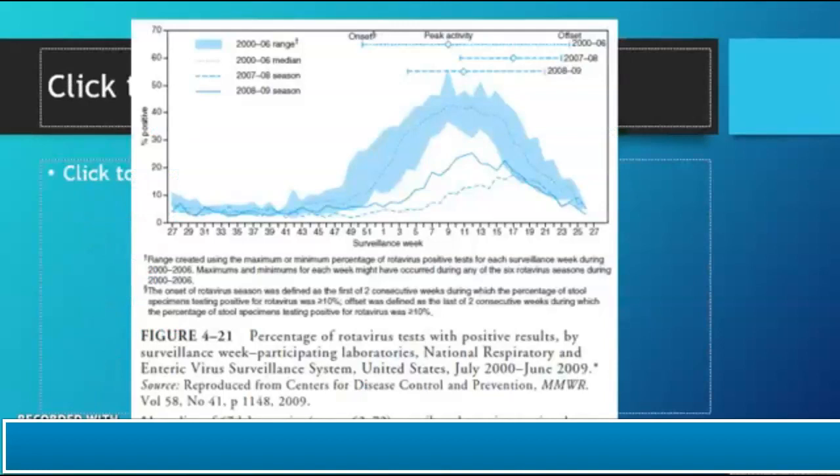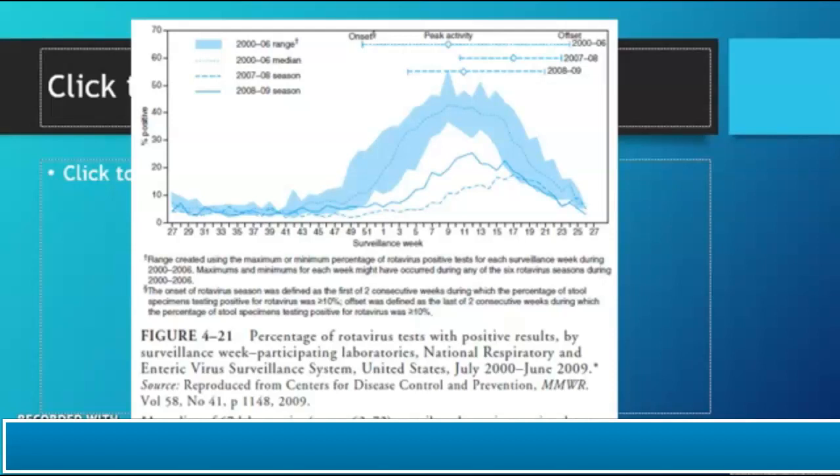So this is another graph that shows how there are cyclic fluctuations of rotavirus, and as you can see, during different years there are different rates of rotavirus.